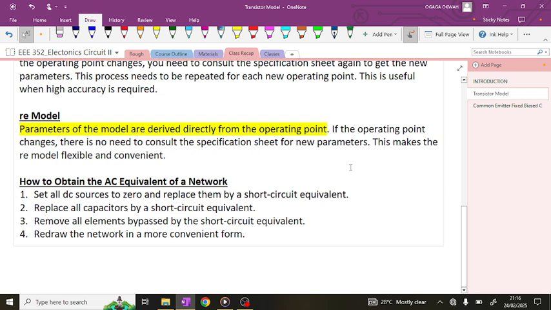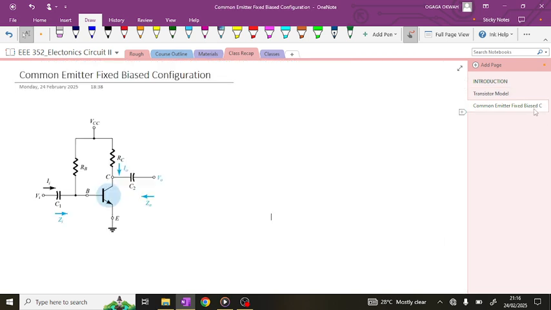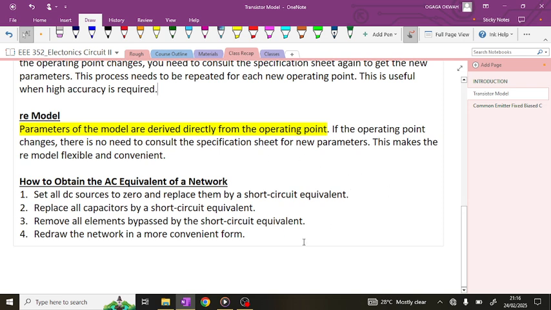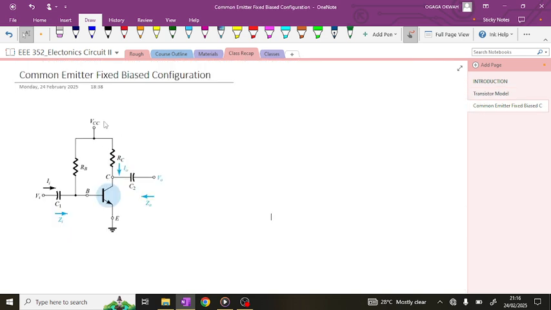Instead of reading or just stating all this now, I will say it in the next video. While I talk about it, we are going to draw the RE model.